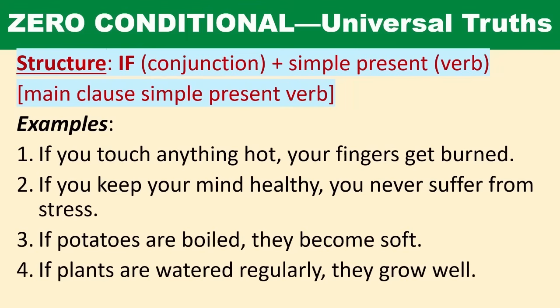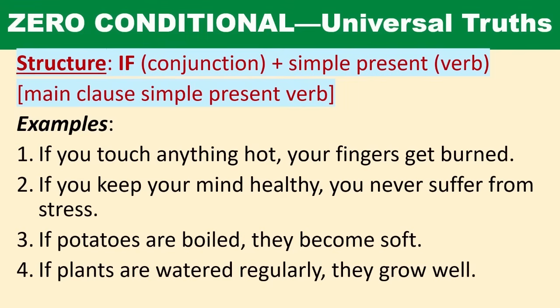Now here, you have to first check the structure. The structure is, you need a conjunction, that is if. In the subordinate clause, the clause which is joined using if, you have to have the simple present tense of the verb. The finite verb in the clause should be in the simple present tense.